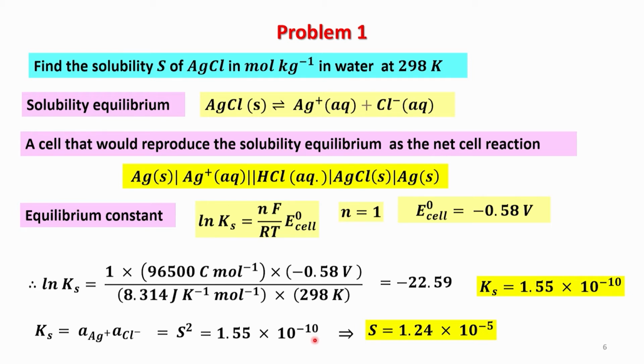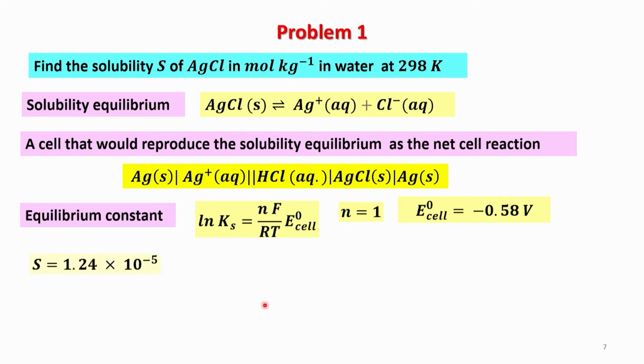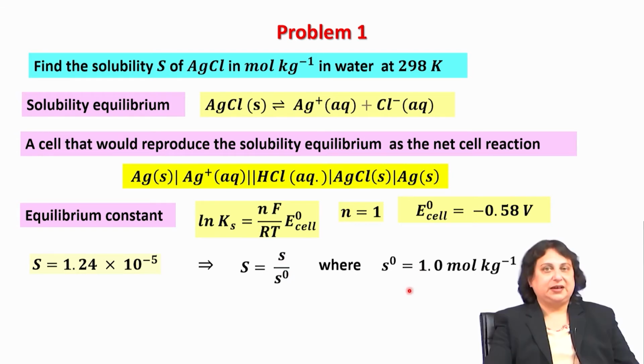Now, I would like to highlight the fact that I have got a numerical value, but look at the question. I want the solubility S in moles per kg of water. So, I am going to remind myself that the S that I am using here is actually in the molality scale, where small s is a number and S naught is in the molality scale. So, that is 1 mole per kg.